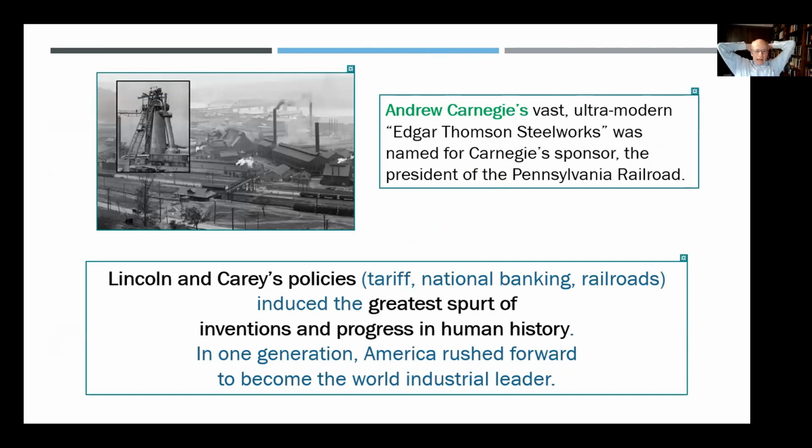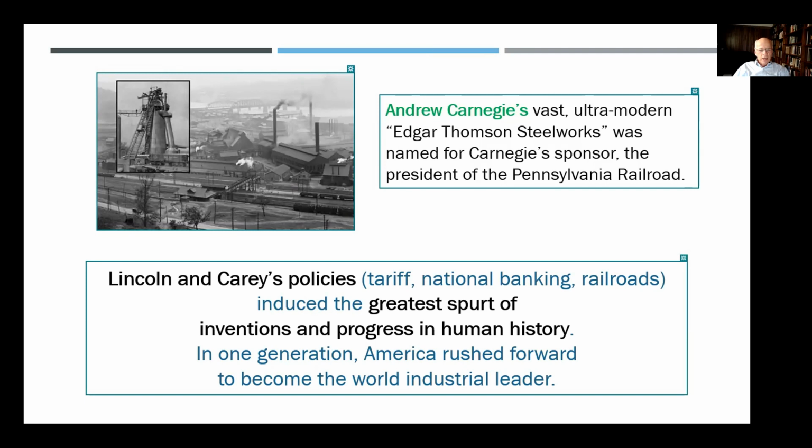The policies that were put through to set up a new national banking scheme, getting all the private banks, most of them, involved as part of a national banking apparatus, the protective tariffs that ensure that cheap labor is not going to disrupt our manufacturing, and the government sponsorship of railroads.